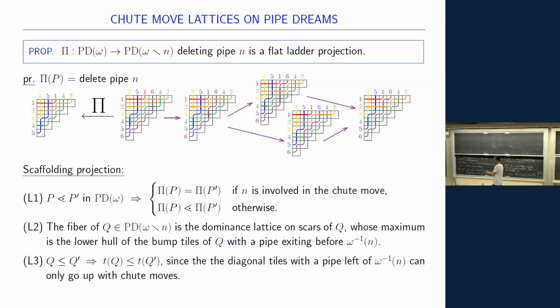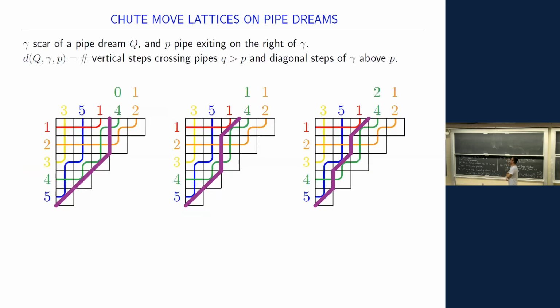So the fact that it's scaffolding, the main part is the second point, which I just said: the fibers are these dominance lattices on scars. And the fact that it is flat is slightly more complicated.